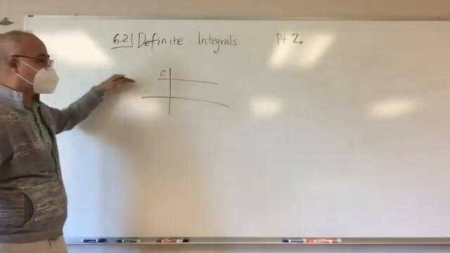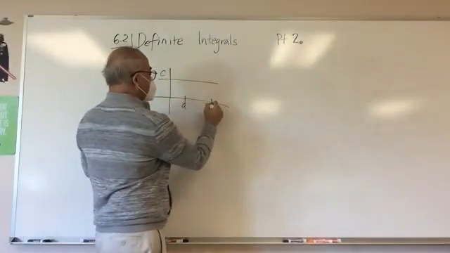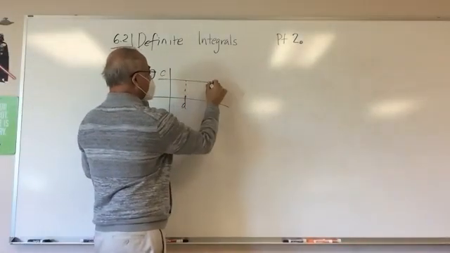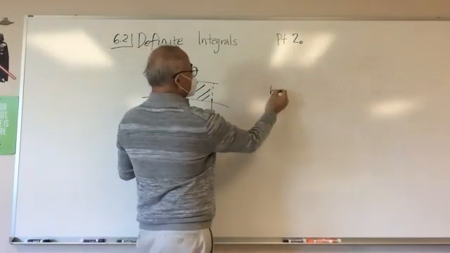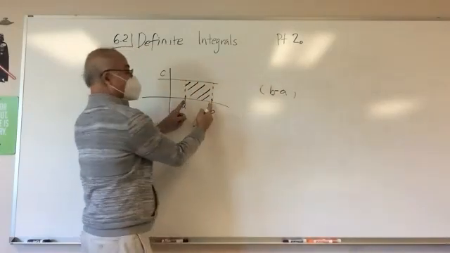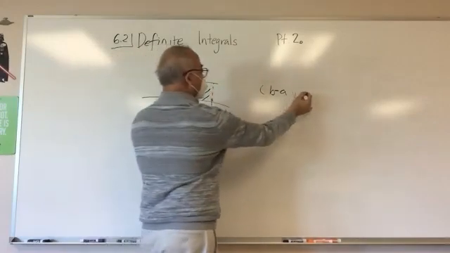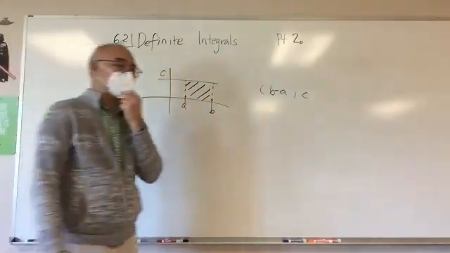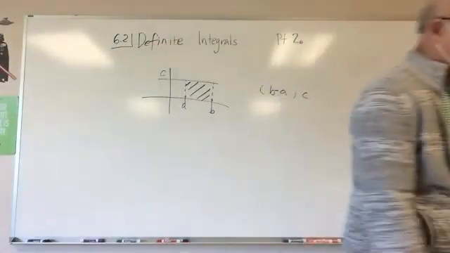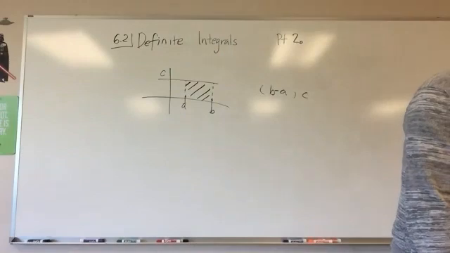It's a constant. From a to b, the area under the curve is obviously going to be b minus a, this length times the height. That's all that's saying right there. It is c times b minus a.